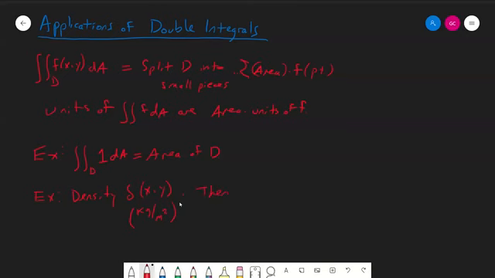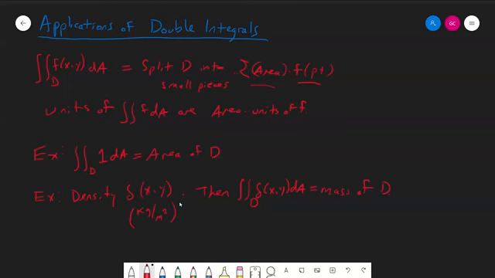Well, in that case, if you do the double integral of the density function over that thin plate, you split the region up into a bunch of very small pieces. You take the area of each piece, and you multiply by the density of a point in that piece. And in this case, the density times area will give you a mass of that small piece. So you end up getting the mass of this thin plate D.